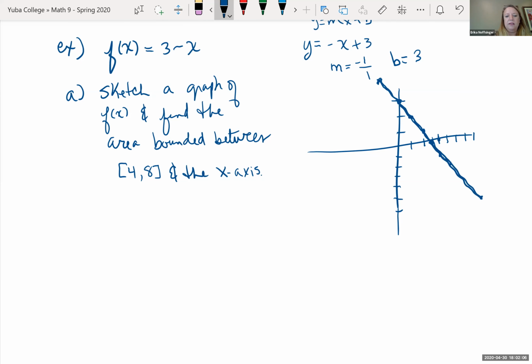Okay, so it told us they wanted us to sketch our graph, which we did. And it wanted us to find the area between 4 and 8 and the x-axis. So we're wanting to find this area that's falling in here.